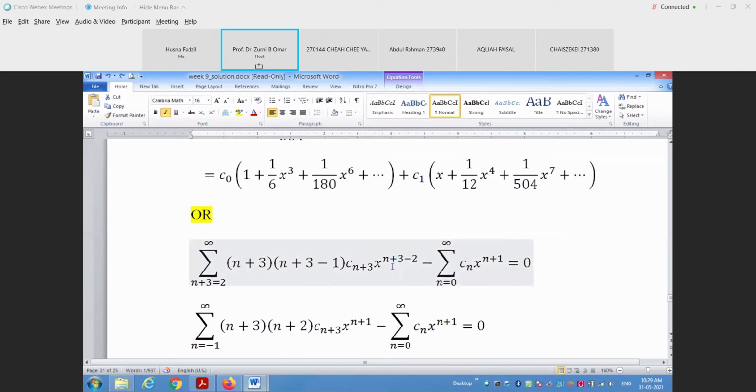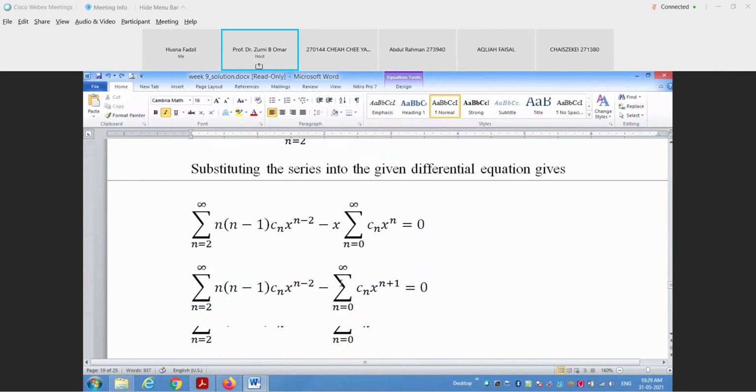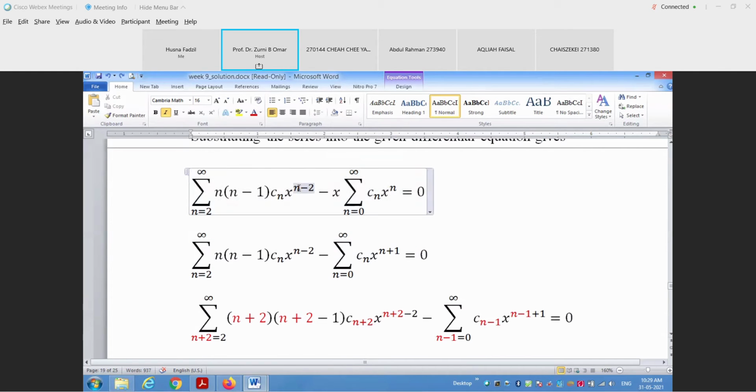So we change x power of n minus 2. If you want to change this power to n plus 1, we need to replace this n in the first series with n plus 3.